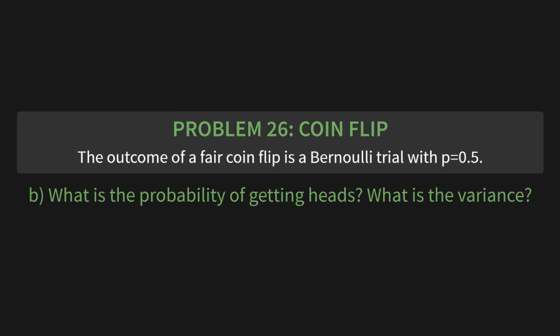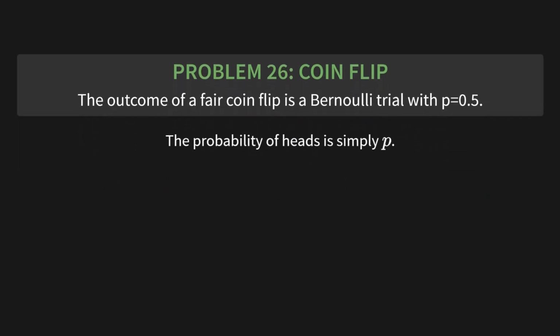Simple enough, right? So, for part B, the outcome of a fair coin flip is a Bernoulli trial with p equals 0.5. What is the probability of getting heads? And what is the variance? Well, the probability of heads is simply p, so that's an easy 50%.